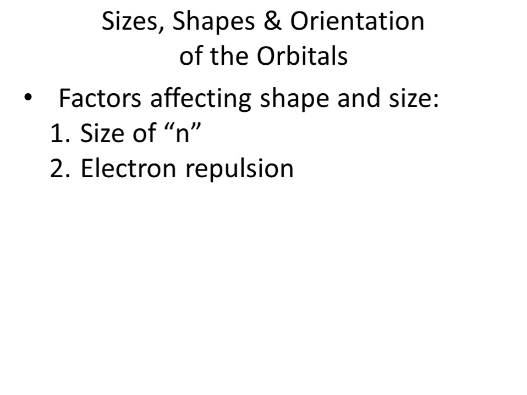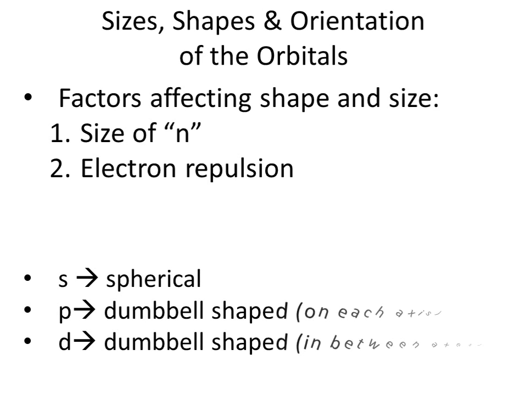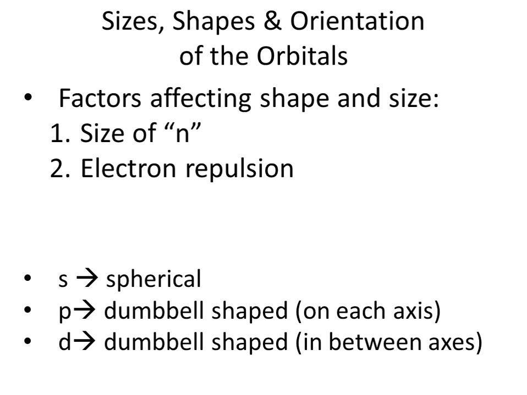All right, so N, that's typically what we use to refer to as our main energy level. That's the main ring. What's going to affect the shape and the size? Size is mainly affected by the main energy level. The shape is going to be affected by the electron repulsions that are experienced by the various electrons filling in however many orbitals that sublevel has.